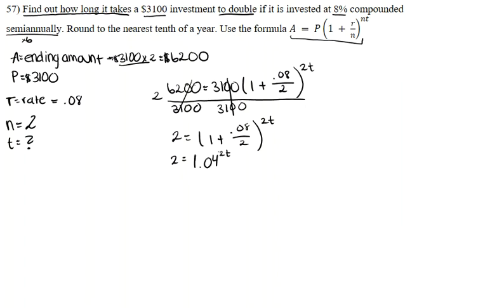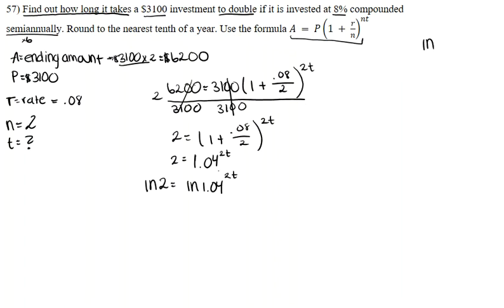Now we know in our logarithmic properties that we can take our exponent and bring it down to the front, but we are not in that form yet. We can do that by applying the natural logarithm, ln, to both sides of our equation and get a 1-to-1 form. So when you do that, you're going to get ln of 2 is equal to ln of 1.04 to the power of 2t.